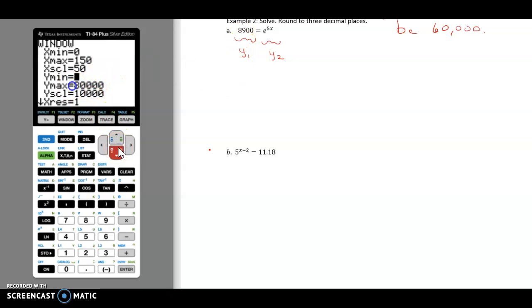So instead of 80,000, I'm going to do, let's say, 9,000. A little bit higher than 8,900. And I want my scale to not be so drastic as well. It's going from 0 to 9,000. So I'm going to say instead of 10,000, I'm going to do 1,000. Okay? And I'm going to graph and see if I can get a better visual of what this graph actually looks like.